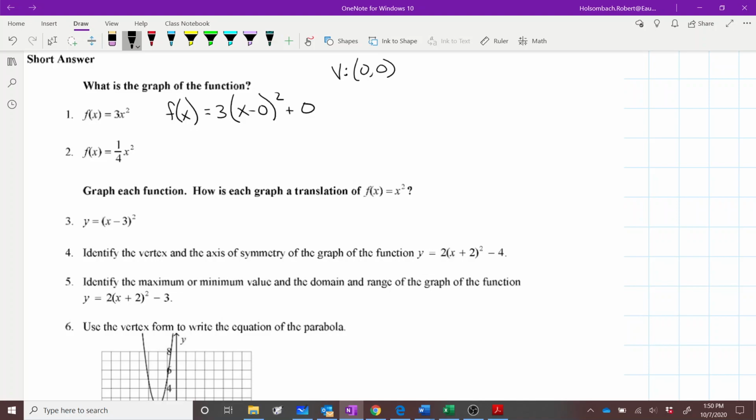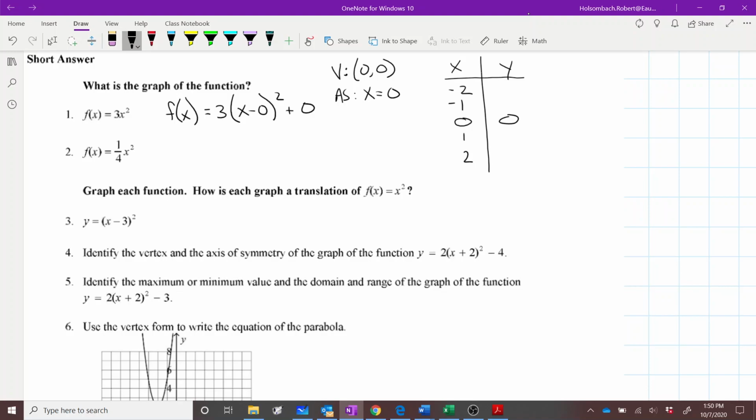Our axis of symmetry would be x equals 0. So then we do a table of values. We put our vertex in the middle of our table of values. We pick 2 points to the right and 2 points to the left.